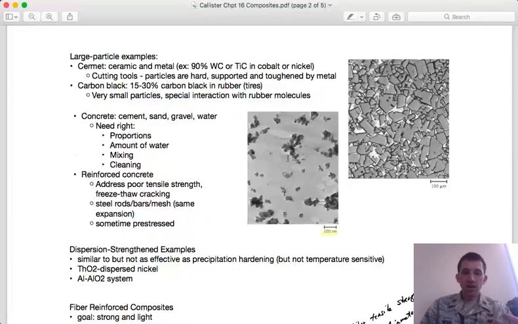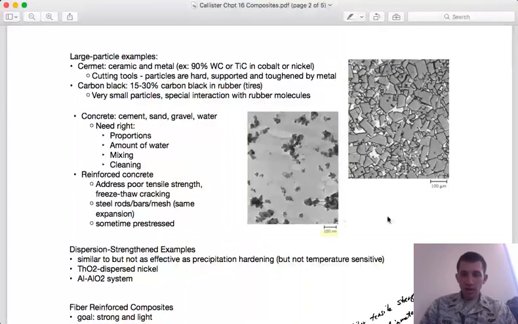So carbon black is very fine particles of carbon, and they're added in a fairly high percentage, 15 to 30% or so, and you get an enhancement of the wear resistance of the material due to the interaction of these carbon particles with the rubber polymer chains. The special interaction is at a very small scale.